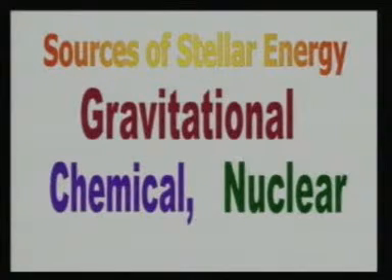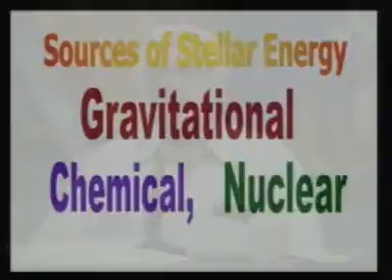There is one important thing that you must remember: whatever this source is, it must not only produce very high amounts of energy, but also must last for billions of years, because the life of a star like the sun is billions of years, and therefore whatever energy source is there must last us that long. And chemical energy doesn't fit the bill.